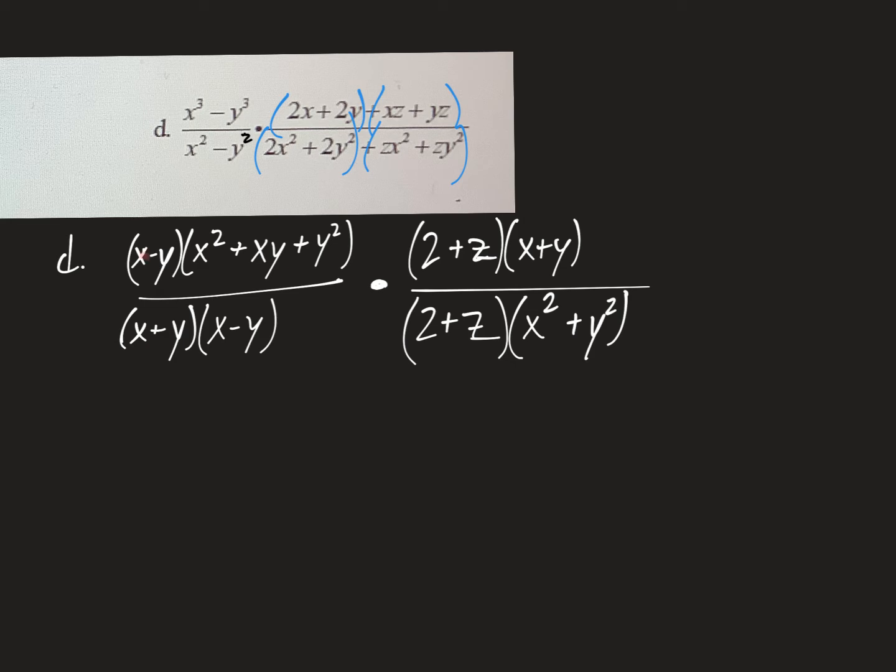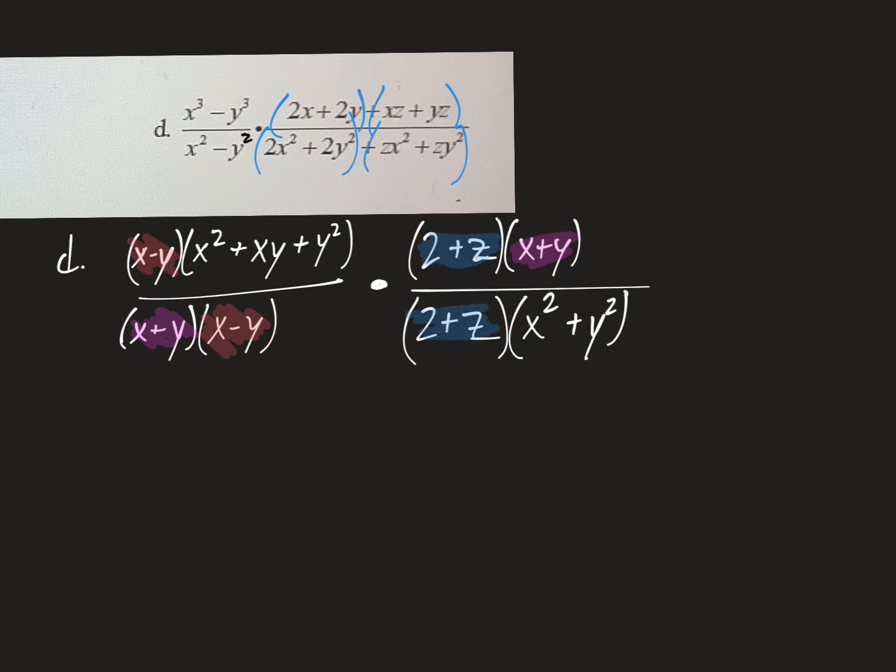So first thing I see, x minus y and x minus y. Those two will cancel each other out. Then we've also got x plus y here and x plus y at the top on the right. So we can also see the 2 plus z on top and bottom here that we will cancel out.